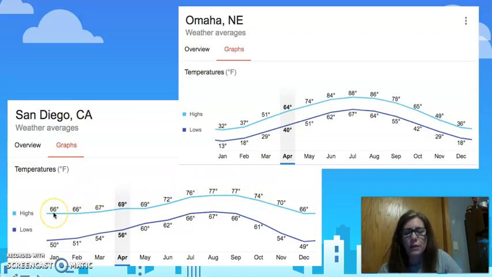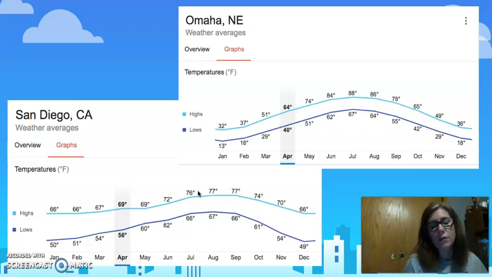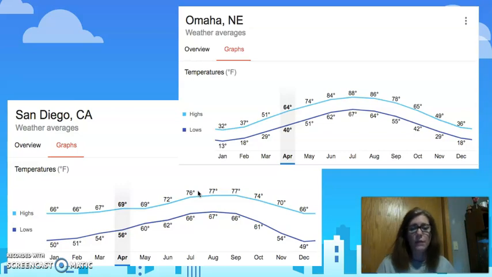So what I noticed is that it's 66 degrees as the lowest high temperature, and 77 degrees is their highest temperature. So that's only 11 degrees difference from January, which is our coldest time of year, through August, which is normally our hottest time of the year.